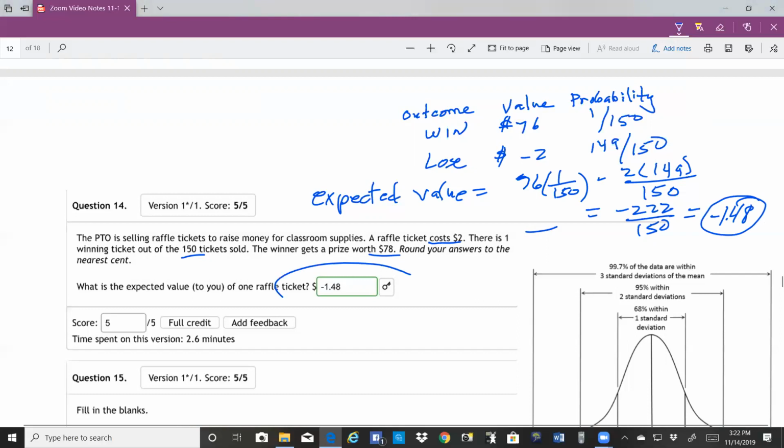So the expected value is negative $1.48.